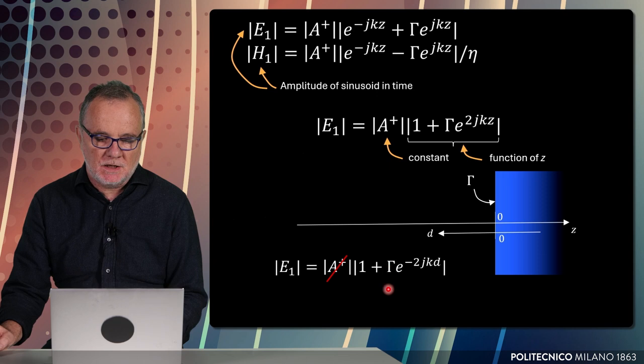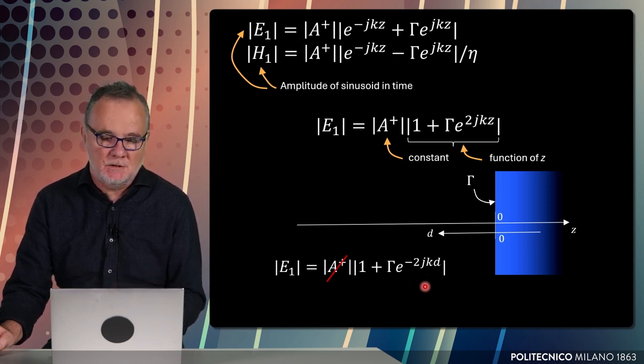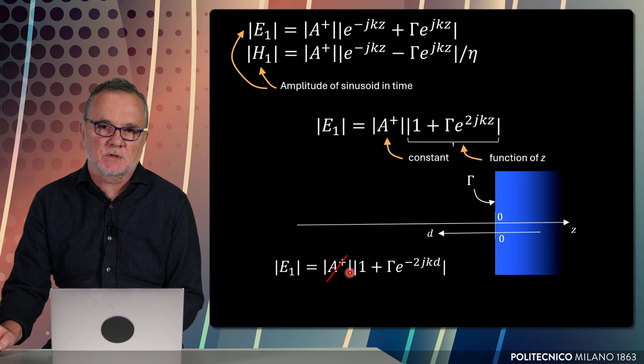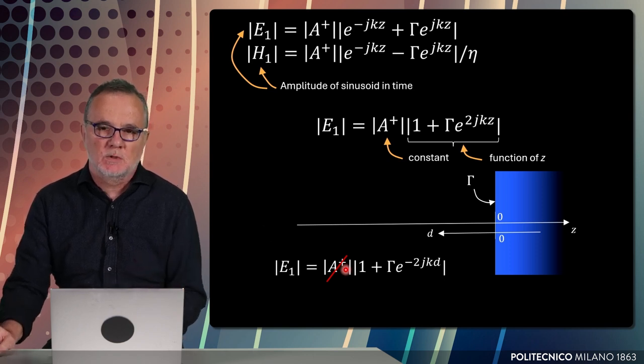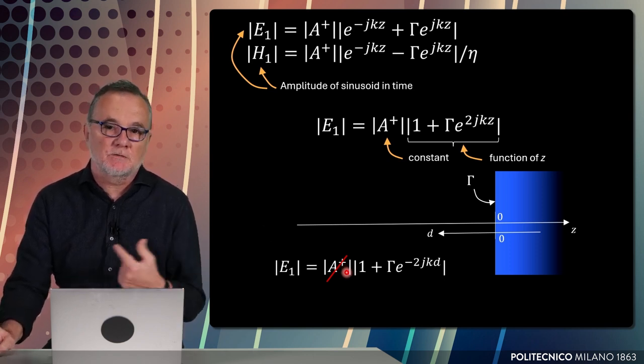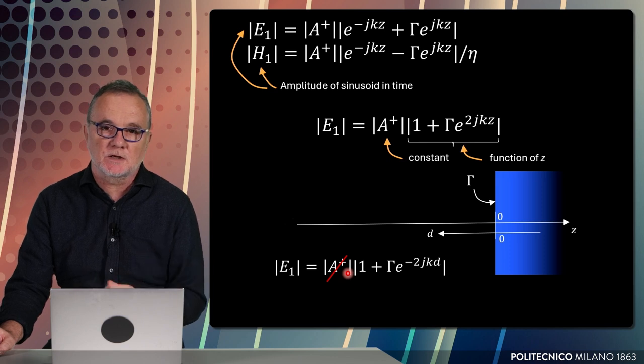So we study this function in which the variable is the distance from the interface, d. And we neglect the multiplicative term A+, because it only changes the absolute amplitude of the sinusoid. Instead, we want to study the relative amplitude of these sinusoid functions of d.